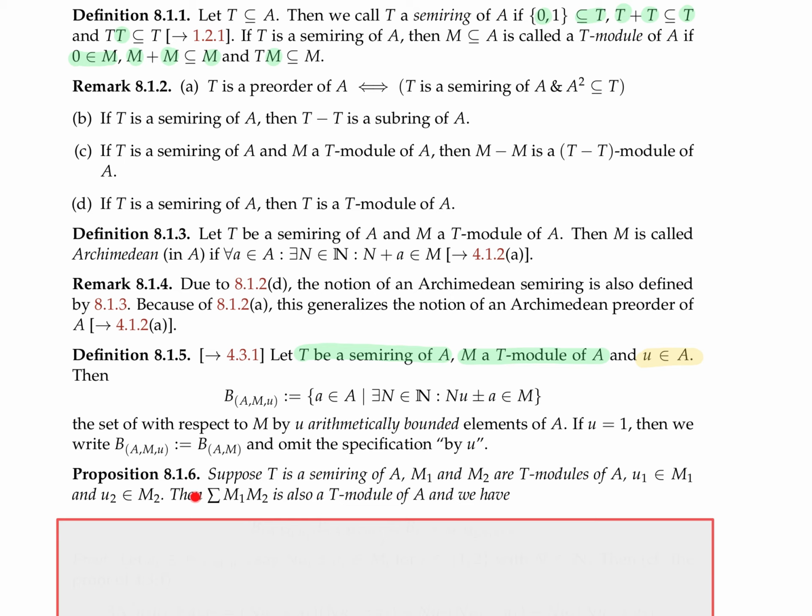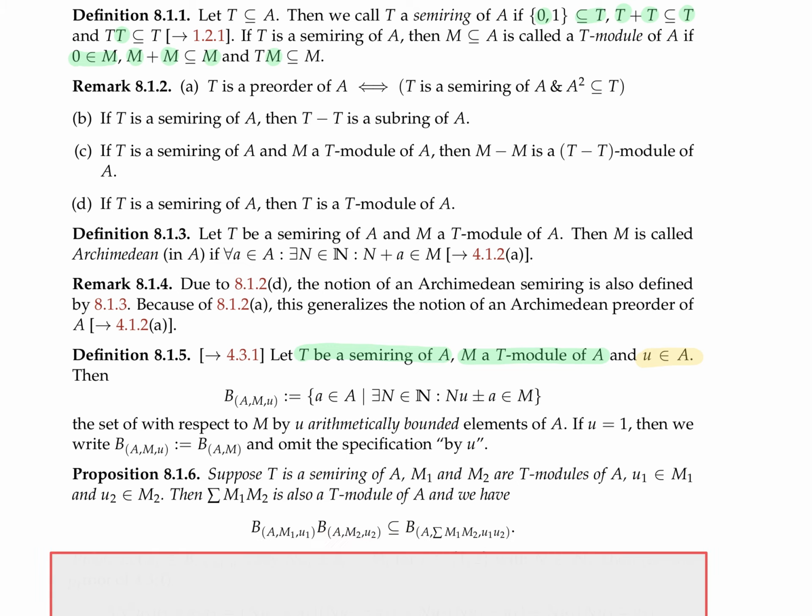So t times such a thing, you can put the multiplier with M1 or with M2 as you like. So that's also okay. It's a bit like the product of two ideals, if you know about that thing.